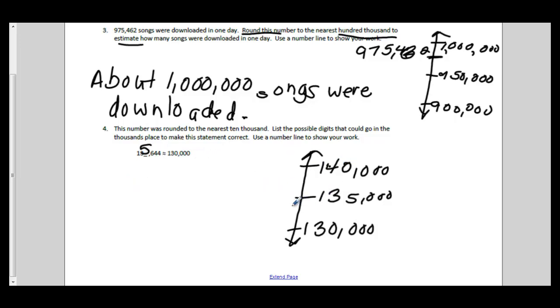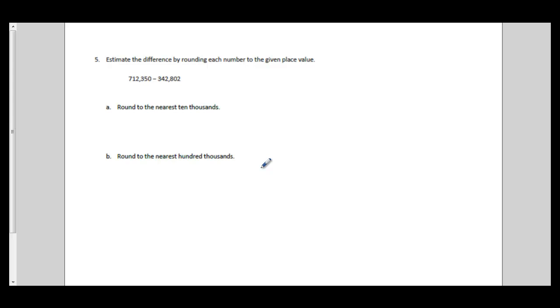So that tells me that the only numbers that could be here would be a 1, a 2, a 3, or a 4. So if it was 131,000, 132,000, 133,000, or 134,000, it would go here. Okay? I want you to try to do the next problem all by yourself, and then press play. If you get stuck, you can always go ahead and press play to see what the answer is.